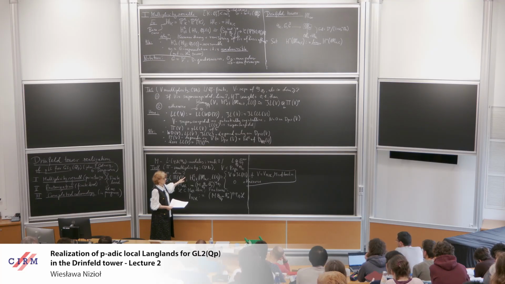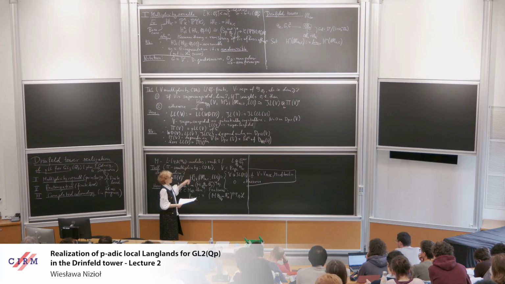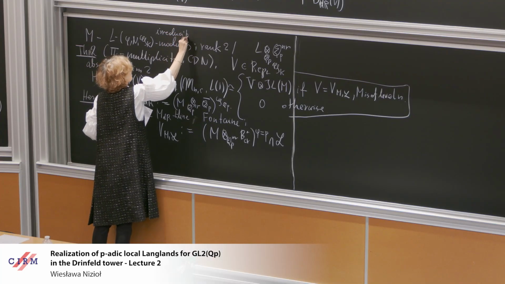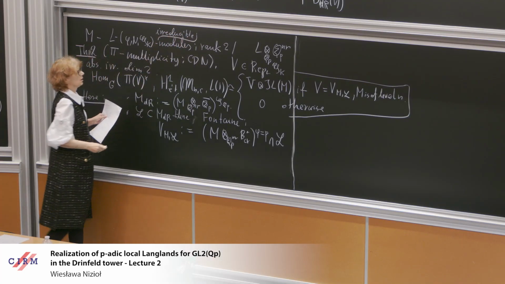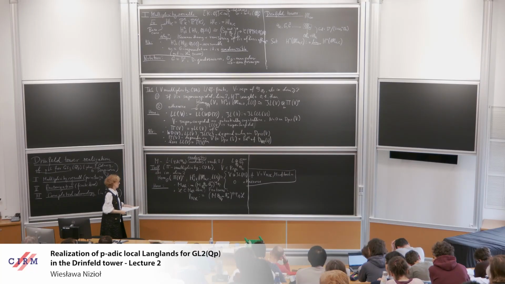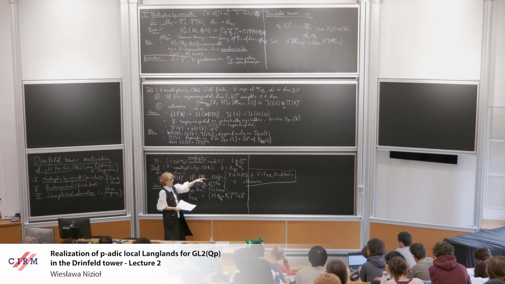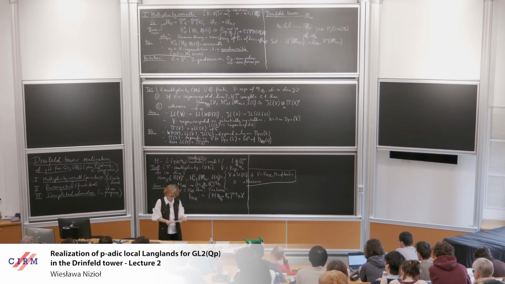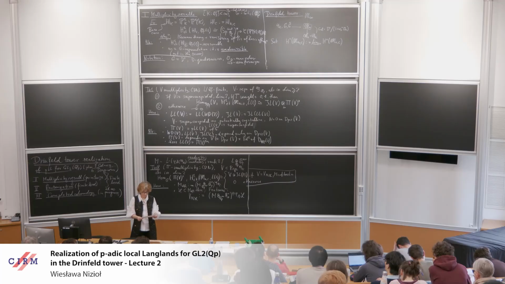Here in the statement. I need to assume here M to be irreducible. Thanks. Maybe it's in the definition of level n, actually, in this statement. Thanks.